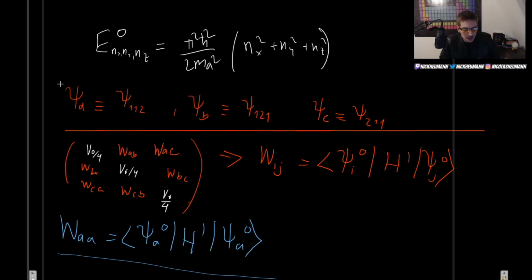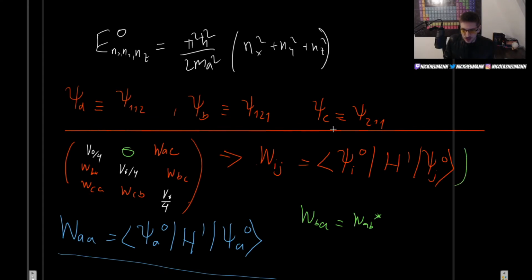So let's go back to our matrix. Wab is 0. All right, we made progress, and we actually made more progress than you might think, because what is Wba? Wba is Wab complex conjugate. We saw that in the previous video, and you can also see it here.